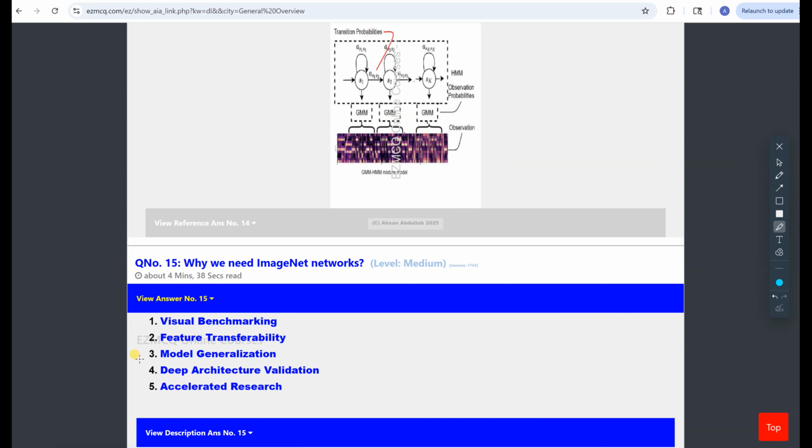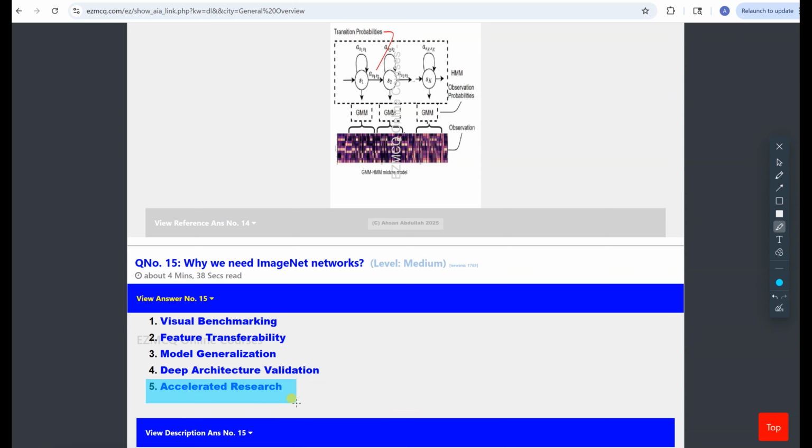And what else? Deep architecture validation. It is a critical platform for validating deep network architectures when people introduce them. It allows researchers to test their innovations on a challenging, real-world data set, and that can help confirm if there is improvement compared to existing solutions.